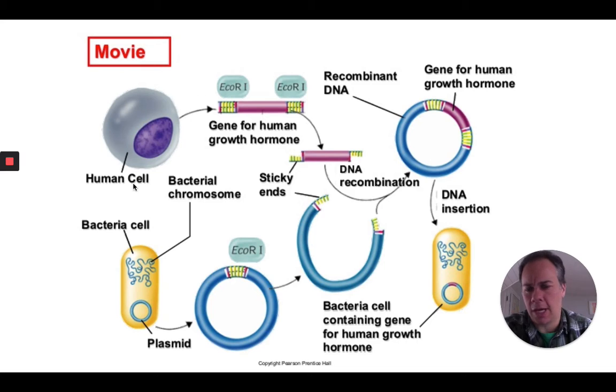At the same time, they take the bacterial DNA, this circular DNA called a plasmid, they cut it open. They insert the human growth hormone gene into the bacterial plasmid, put it back into a bacteria cell, but now, as you see, in the DNA of that bacteria, they actually have the human gene. And as they grow, they will begin producing those human proteins.